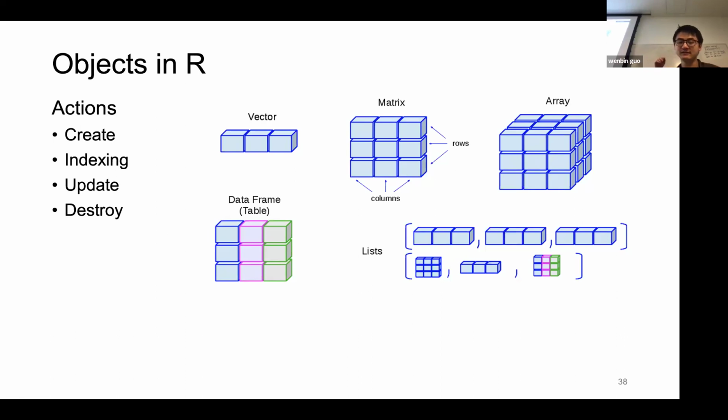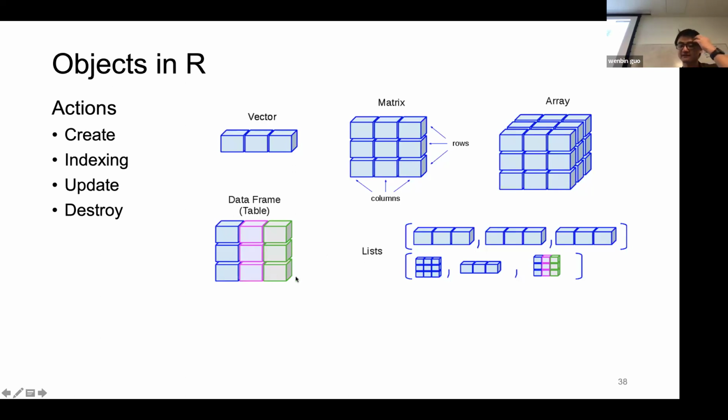For the vector, matrix and array, they usually hold the same type of data, so the class of variables should be the same. But we can also have another format called a data frame, which shows a tabular data form, but compared to the matrix, it can have different variable types, different variable classes.